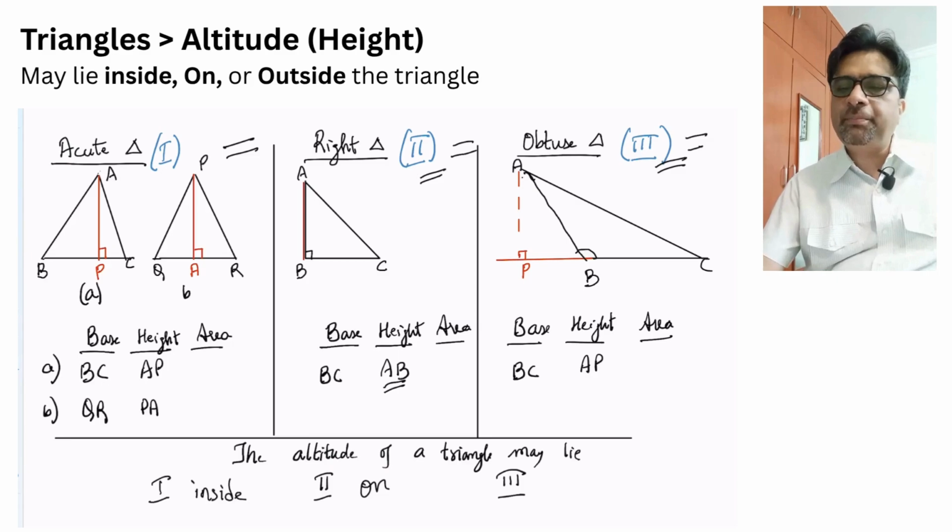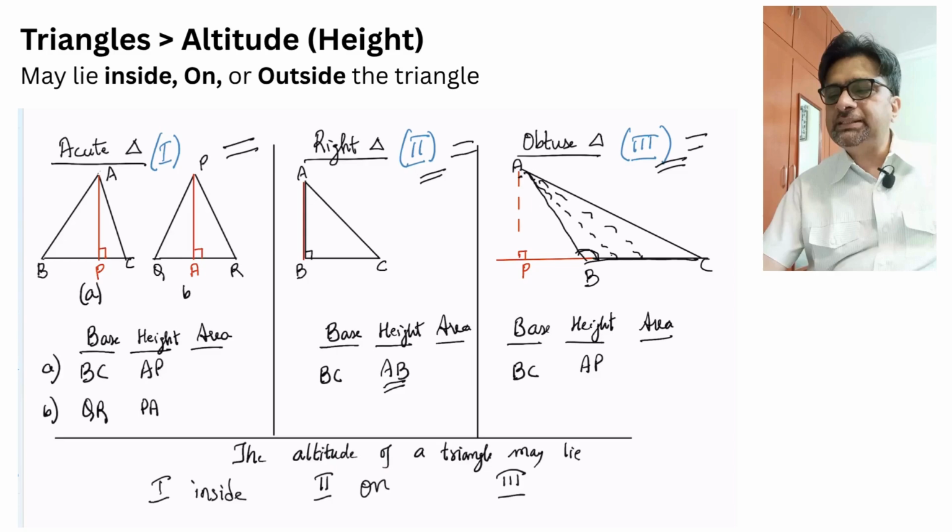Now if we talk about the altitude from vertex A to the base of this triangle, which is BC, you would see that the altitude will not lie inside the triangle, because ABC is already an obtuse angle, and if I drop any other line from A on BC, then you would see that these angles are even more obtuse.